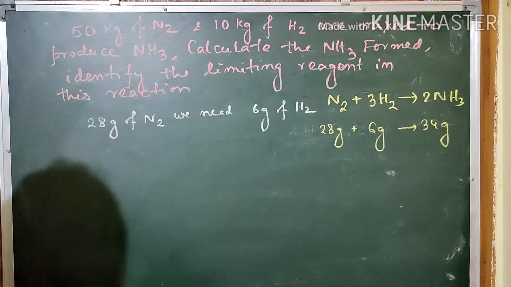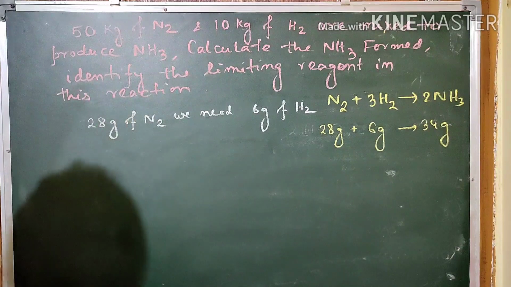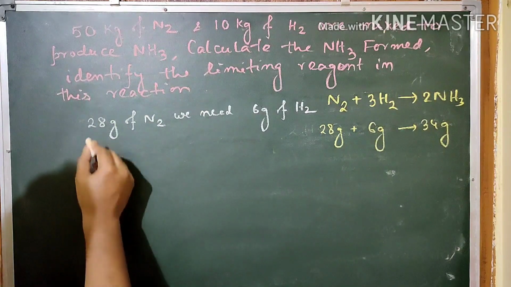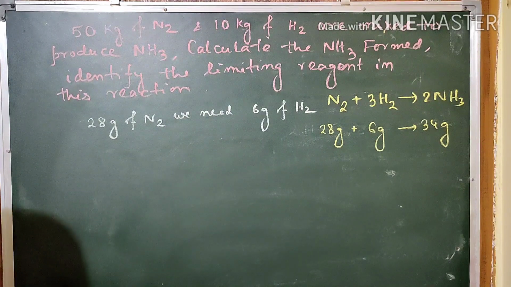For 50 kg of nitrogen, since one is in gram and another is in kg, the best way to do it is to find out the number of moles that is present. So that is the first thing we are going to do.